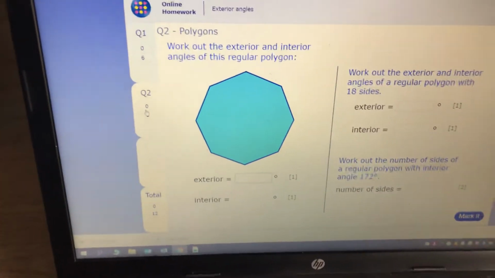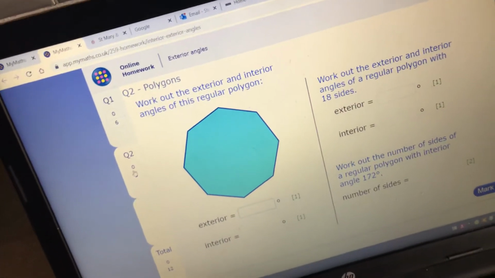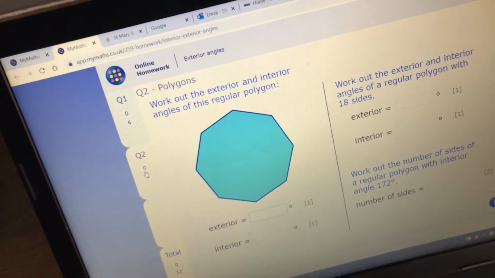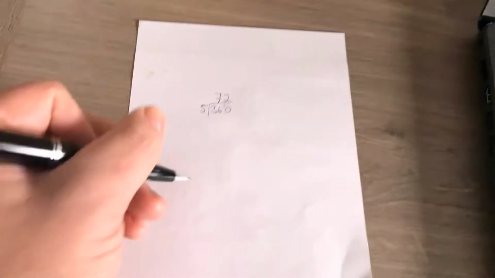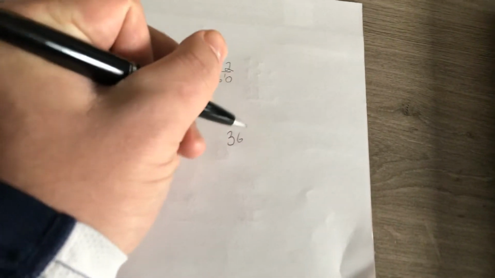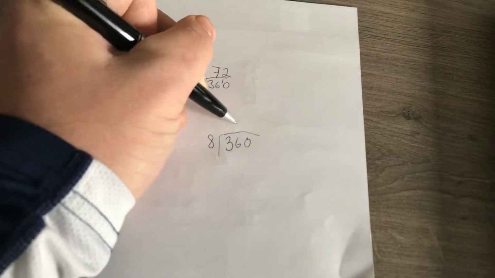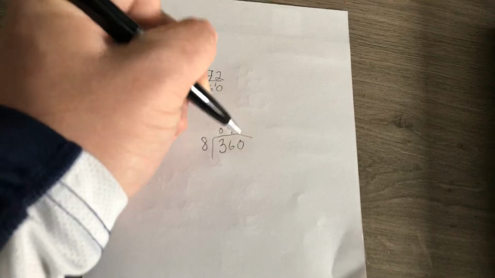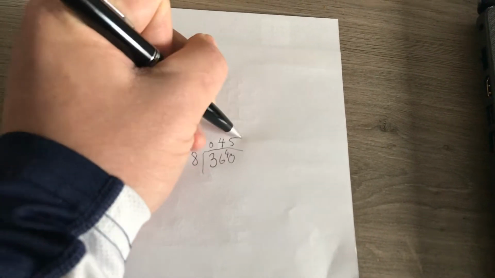Let's have a look at this shape. If I just turn it round, it looks like an octagon to me. That's got 8 sides. So I'm going to do 360 divided by 8 to find what the exterior is. How many 8s go into 360? 45.